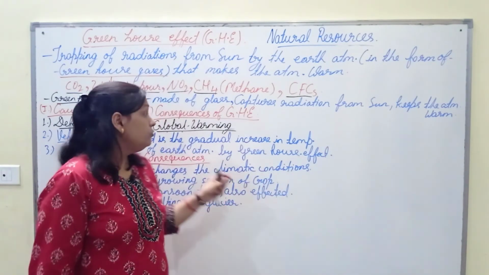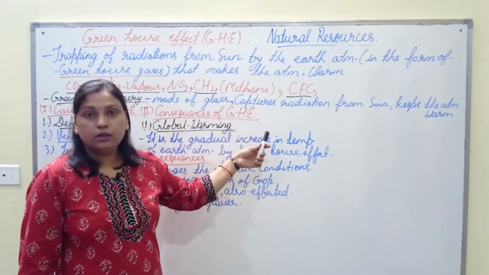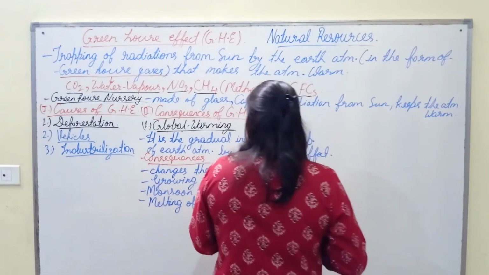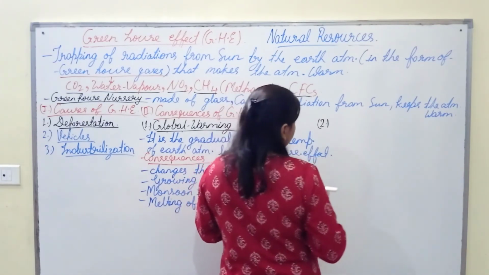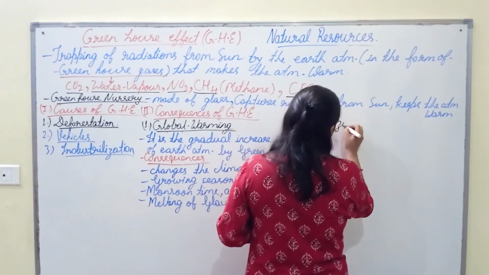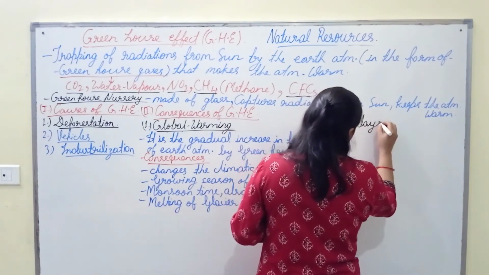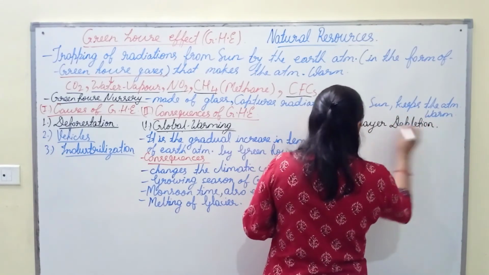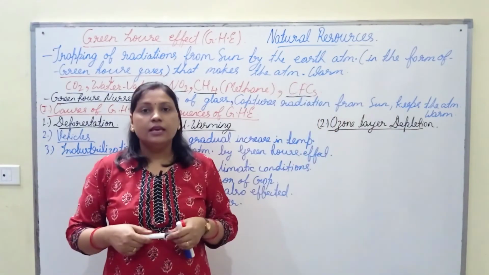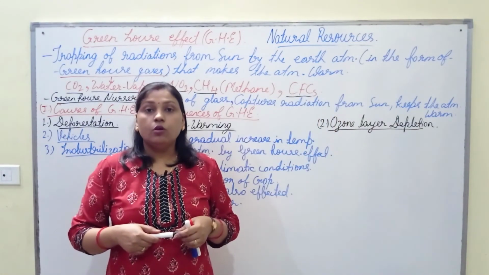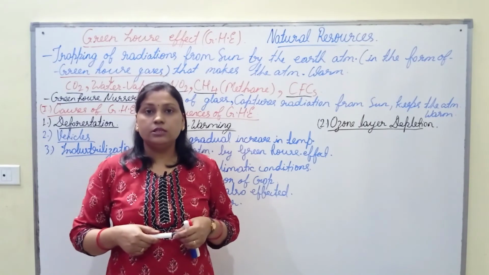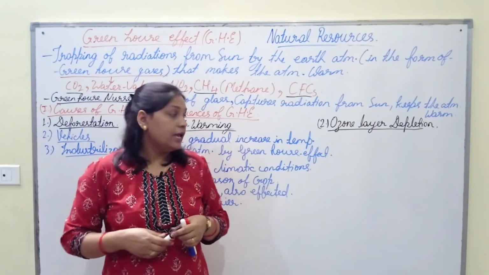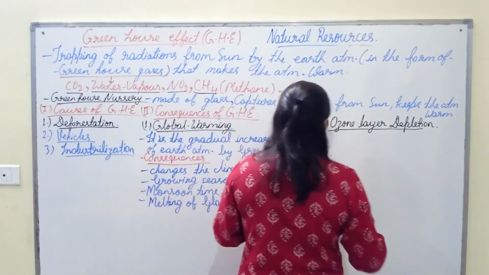Now moving ahead, we have the other consequence of greenhouse effect, and that is the ozone layer depletion. So the second consequence of greenhouse effect is the ozone layer depletion. There is a molecule of 3 oxygen atoms present in the upper surface of the atmosphere, and this is called the ozone layer, and its symbol is O3.